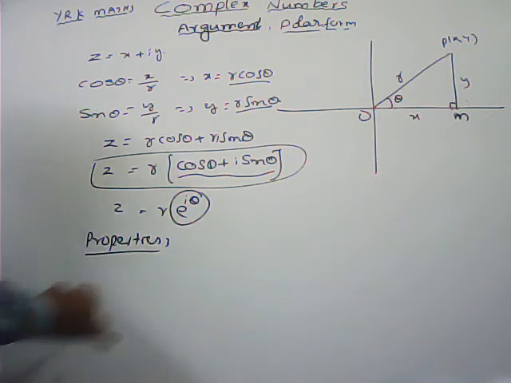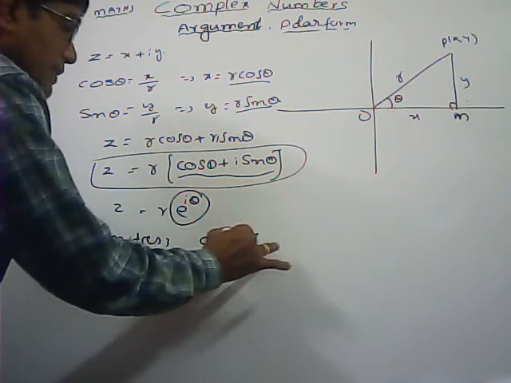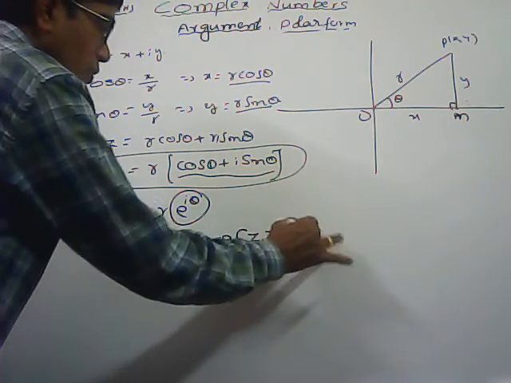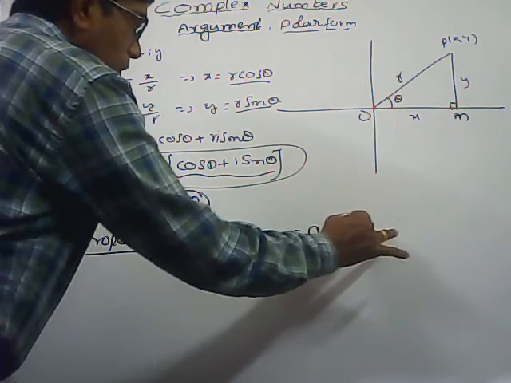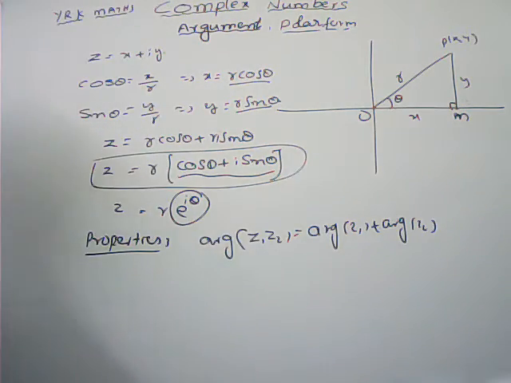First one: argument of Z1 into Z2 is equal to argument of Z1 plus argument of Z2. How to get that?